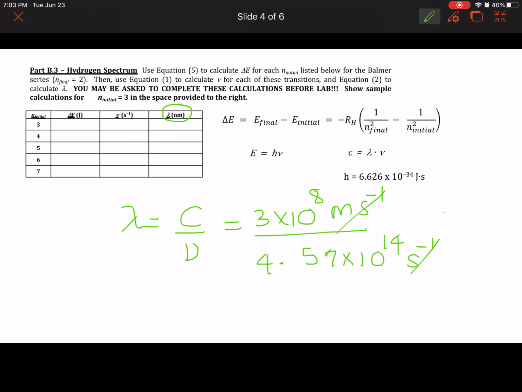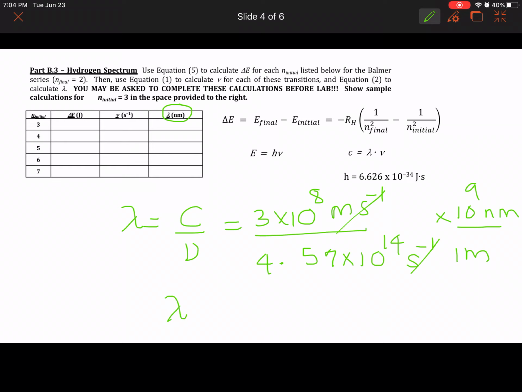So we need to convert meters to nanometers. 1 meter is equal to 10 to the power 9 nanometers. And this will give you, okay, let's see, 3 into 10 to the power 8 over 4.57 into 10 to the 14, times 10 to the 9. 656.